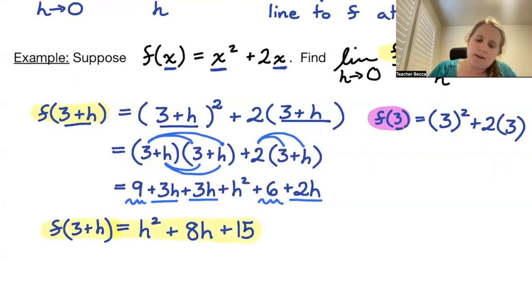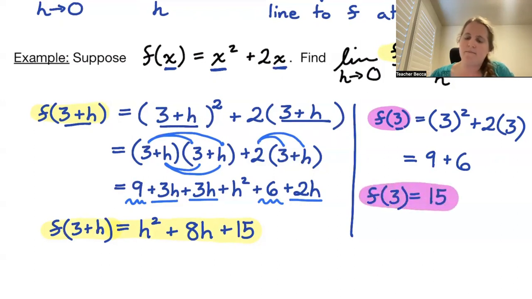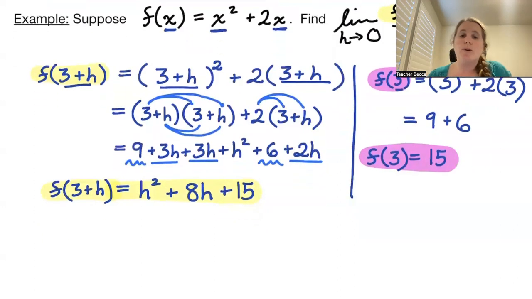Now going back to our f of 3, we are simply looking at f of 3 is 9 plus 6, better known as 15. This is the second component of our difference quotient. Now let's go ahead and put it all together.